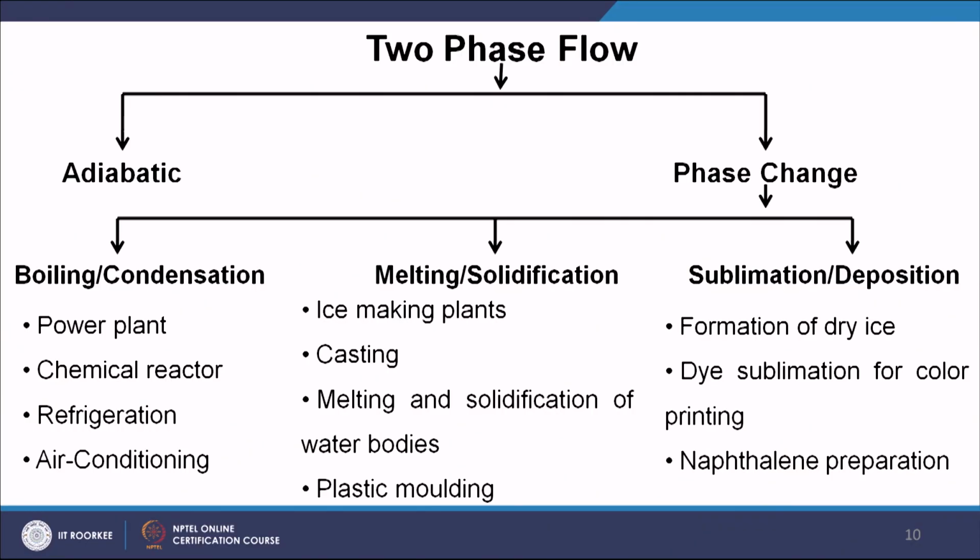Boiling and condensation is associated with gas liquid regimes, melting and solidification is associated with solid and liquid regime, and finally sublimation or deposition is associated with gas and solid regimes. Here I have noted down some of the important applications of all these three regimes: boiling and condensation, melting and solidification, and finally sublimation and deposition.